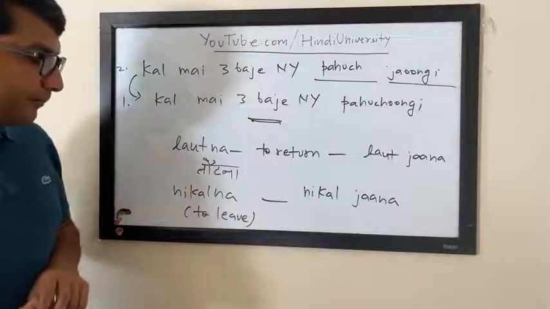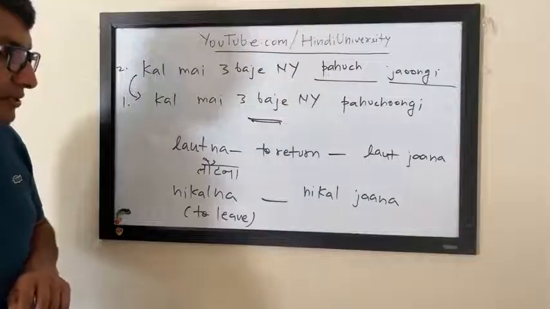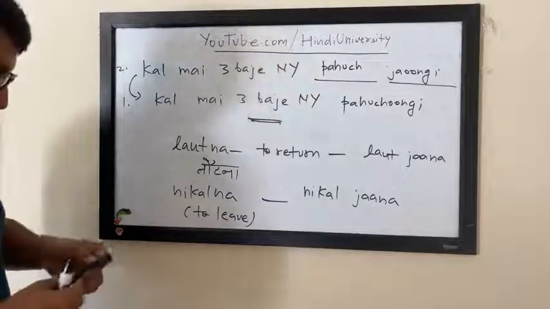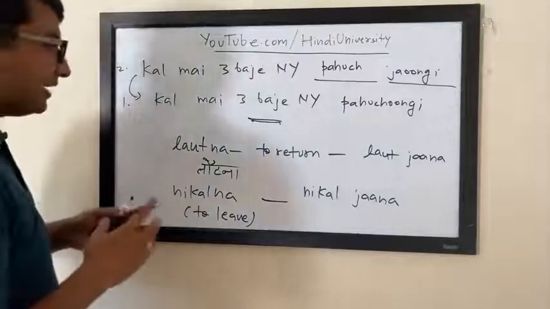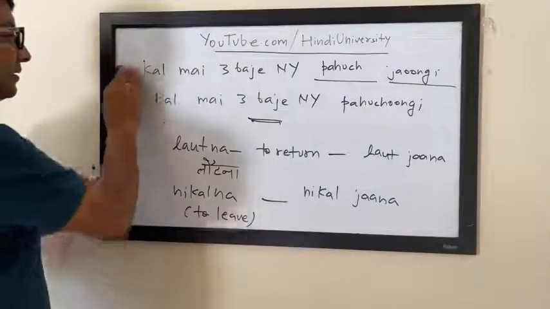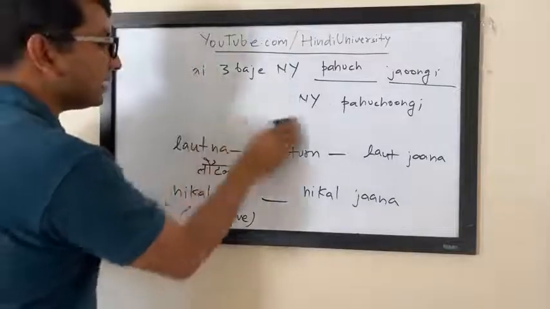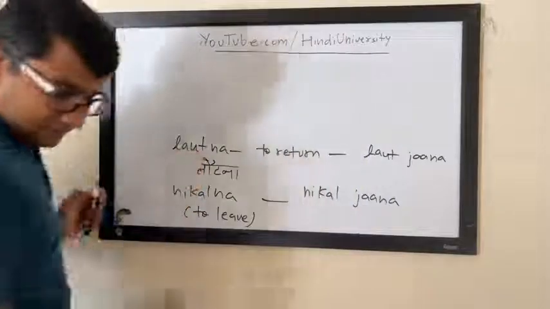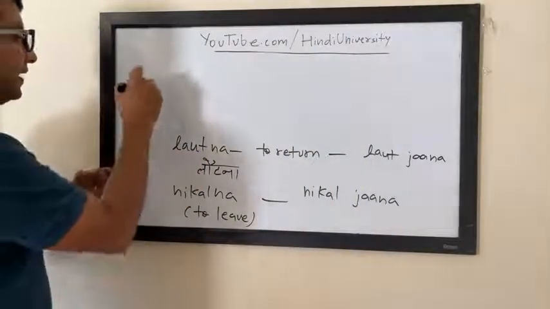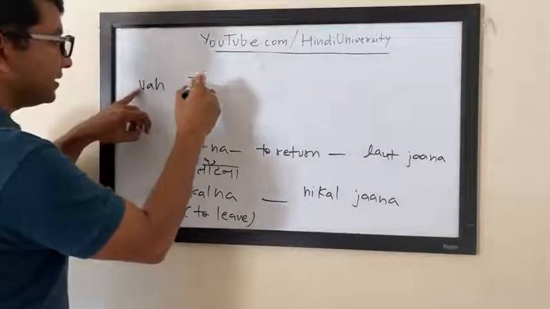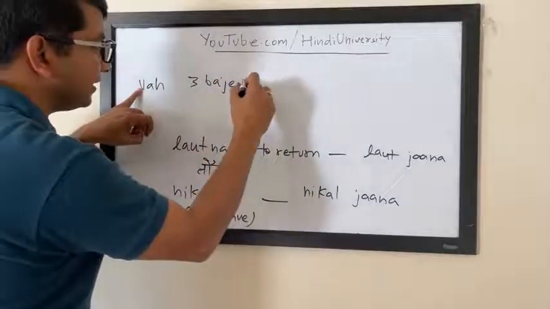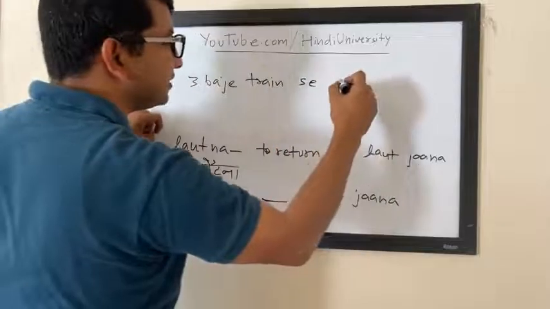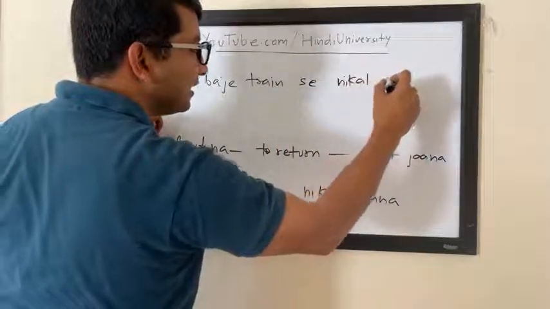If you were to use it in the past tense, how will you say, he has left in the morning at, let's say, 3 a.m.? वह let's say 3 बजे निकल गया. Very good. ट्रेन से 3 बजे ट्रेन से निकल गया.